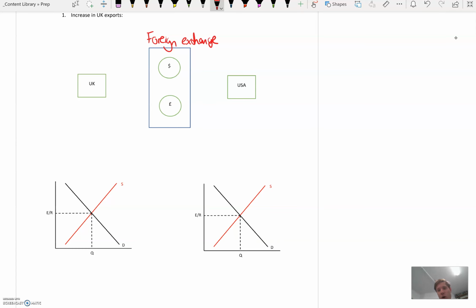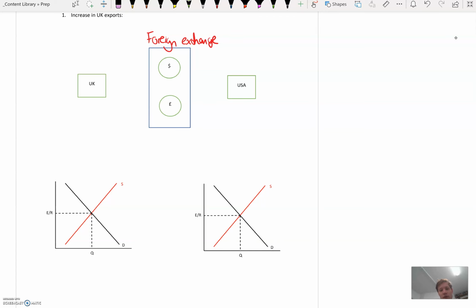I exchange them to dollars, and then I take those to New York. By doing that, I leave pounds in the shop, which then when US tourists come to the UK, they can take the pounds that I left, exchange them for dollars, and go back that way. And so there is this market for foreign exchange.